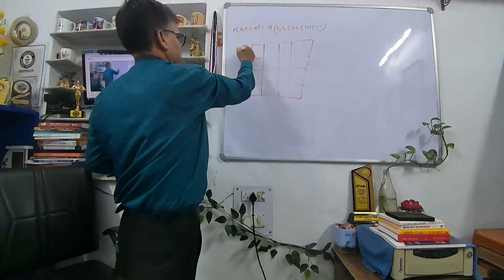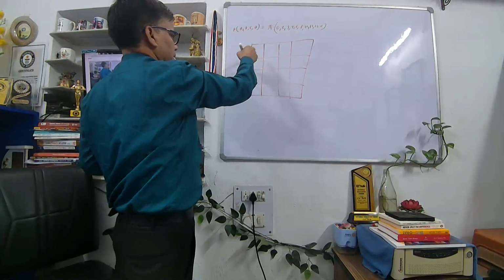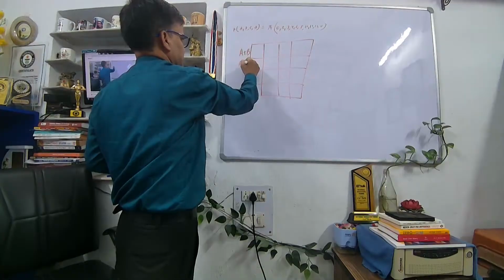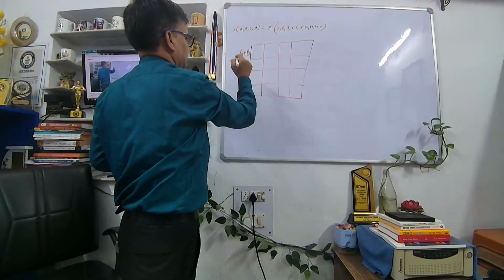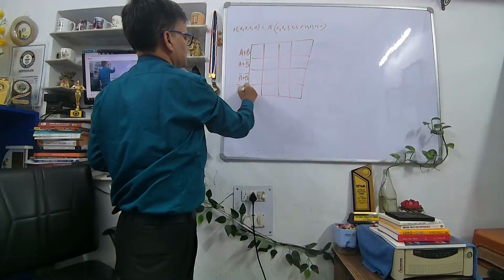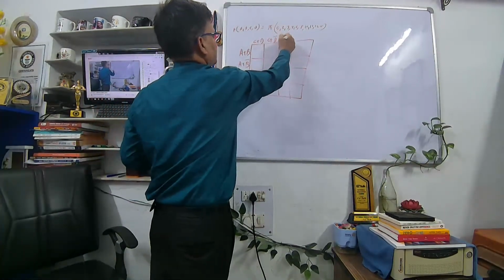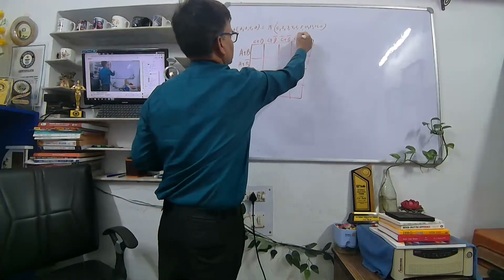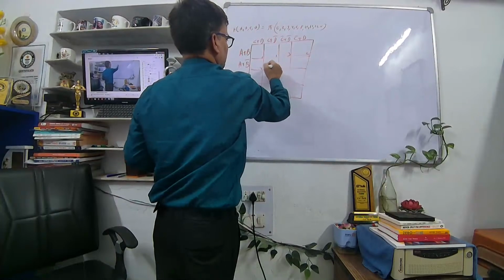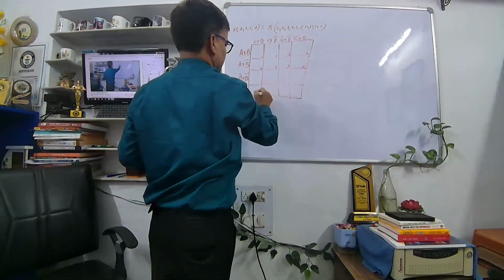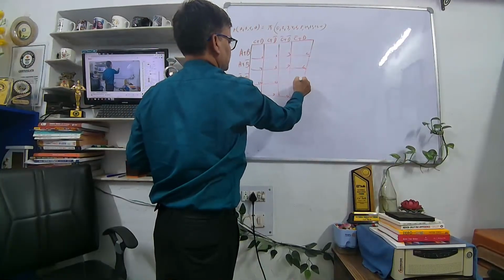Now A bar B bar, so it becomes A plus B. Then A bar B, so it is A plus B bar. A B, so it is A bar plus B bar, right? And then A B bar, so it is A bar plus B. This side it is C plus D, C plus D bar, C bar plus D bar, and C bar plus D.